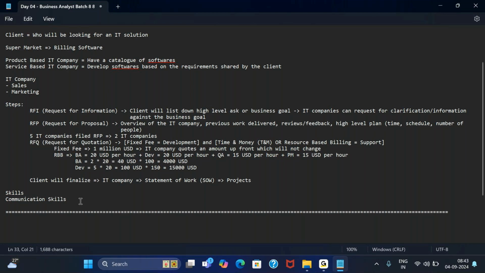Now, for all those people who think they don't have good communication skills, luckily, skills are something that you can acquire over time. For example, I always recommend that whenever you get time, if you are serious about any role in the business analyst domain, and if you feel you are already good at communication, no problem.